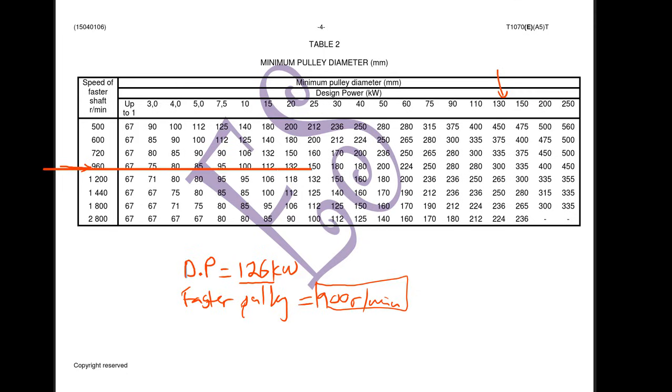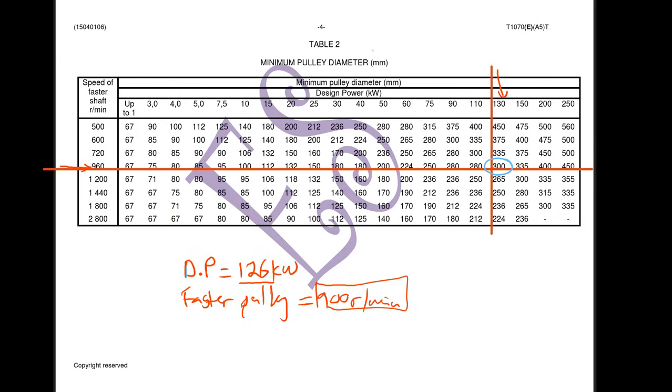So with this information, I need to take a line just below the numbers so that you can see them. I take a line under 960, and then I also take a line just under 130. If I had taken it on top, you would not see the number, but with this you can see that the number where the lines cross is 300. So this then becomes the minimum pulley diameter.